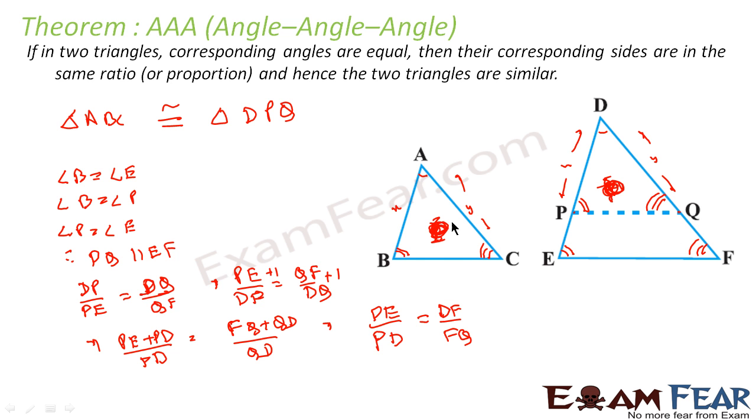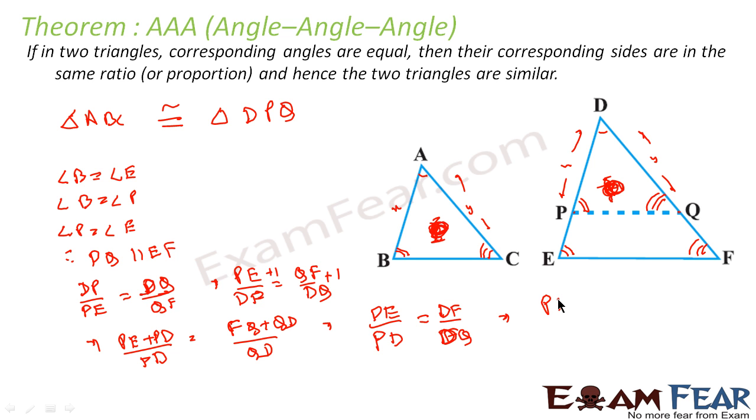Now I know that AB is equal to PD, and AC is equal to DQ. So instead of PD and DQ, I will put those values.